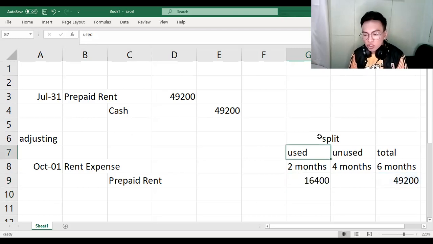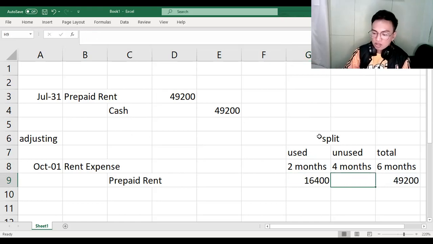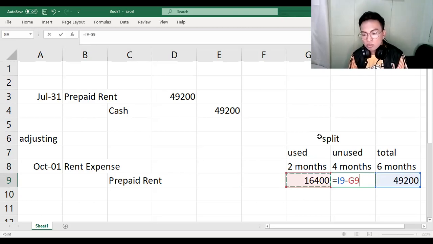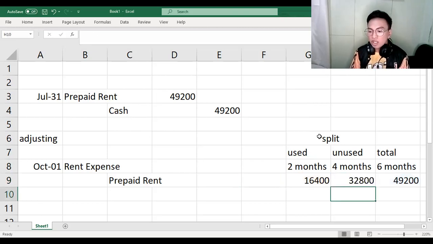So the used portion will now become 16,400. And deducting from the 6 months the 2 months that are used, we will only report prepaid rent on October 1 amounting to 32,800.